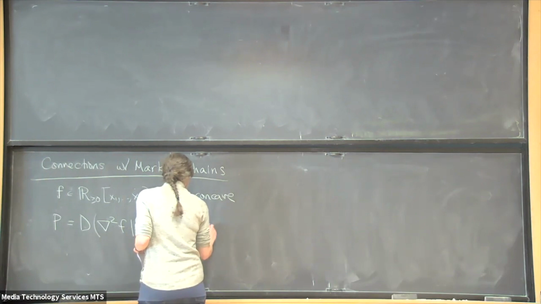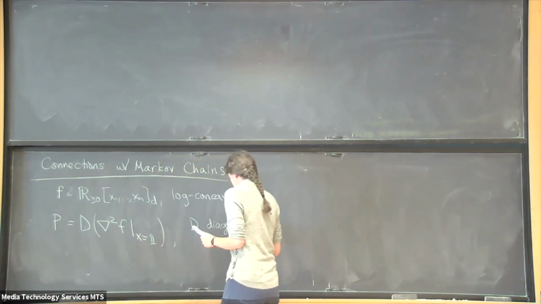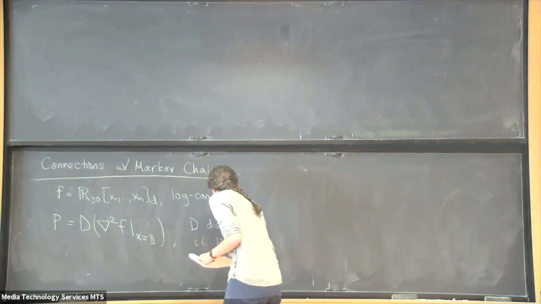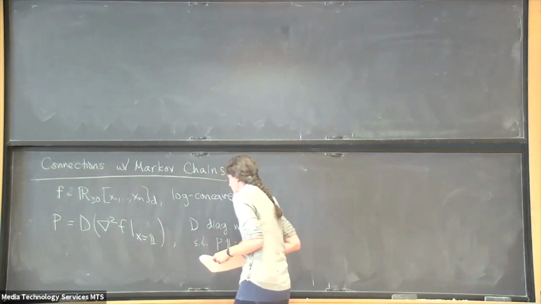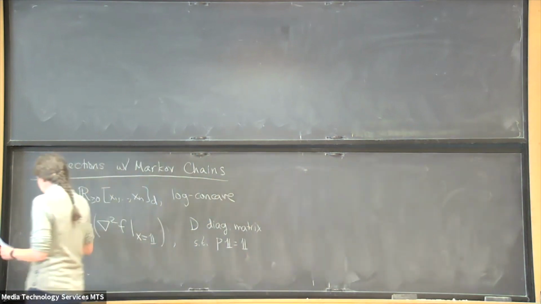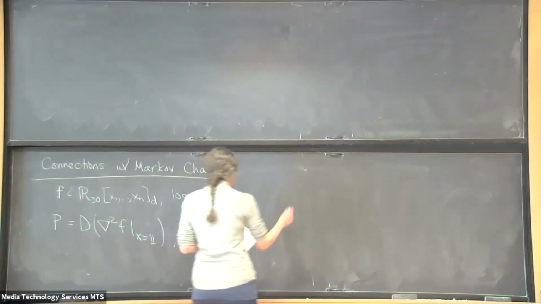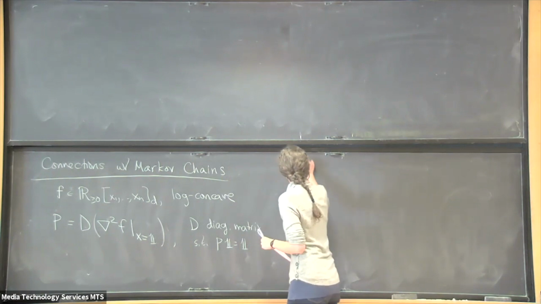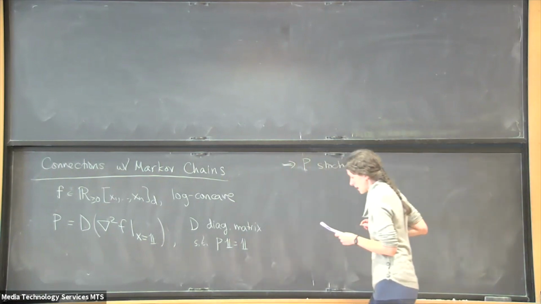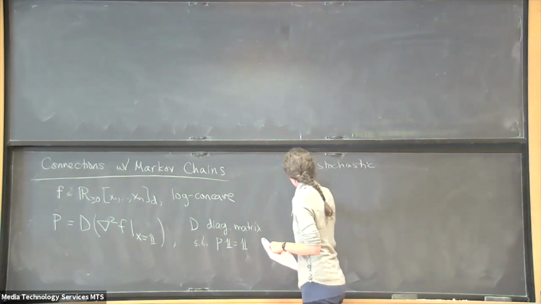D is some non-negative diagonal matrix arranged so that the row sums of P are all equal to 1. Then this matrix P will be stochastic.